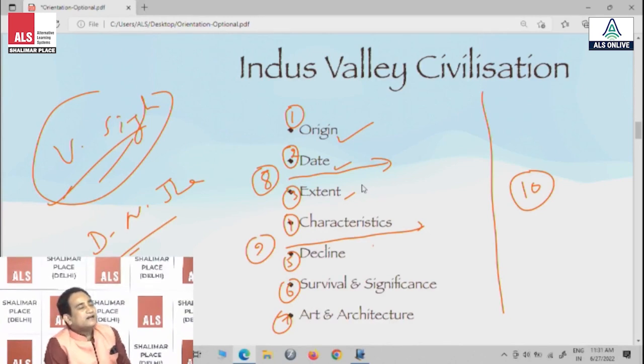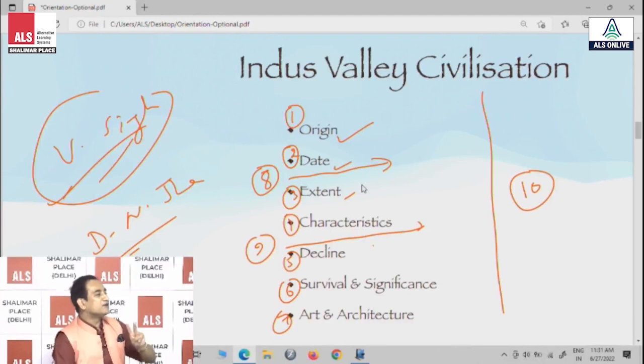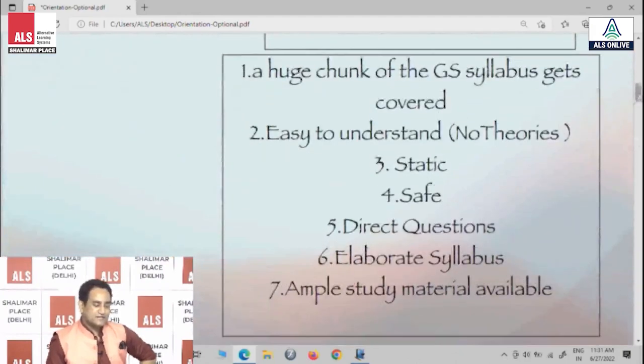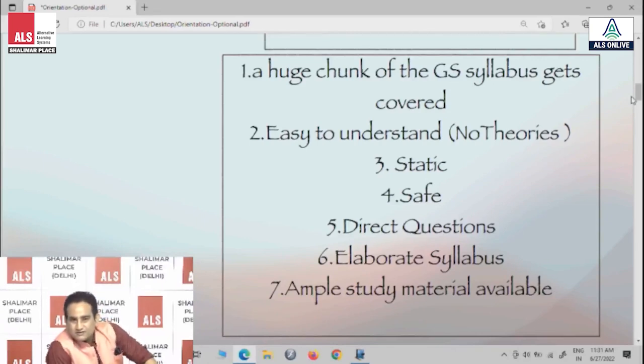We would be arranging your ideas according to the syllabus, number 1, and number 2, according to the demand of the examination, the questions they have asked. Are you getting my point? Right? So one advantage of this history optional, I was explaining the advantage, is that you have an elaborate syllabus.